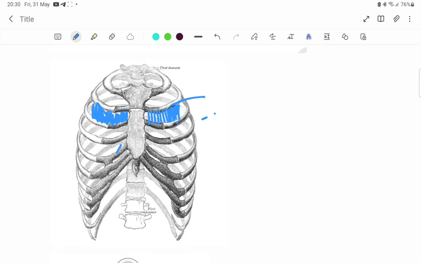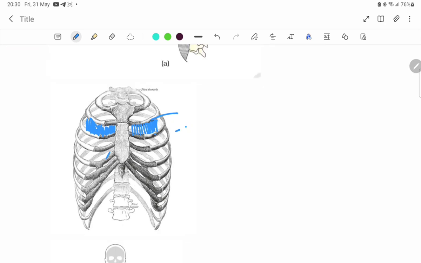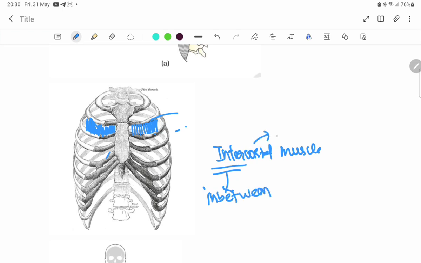The muscles present in between the ribs are called intercostal muscles. Inter means in between, and costal means ribs.